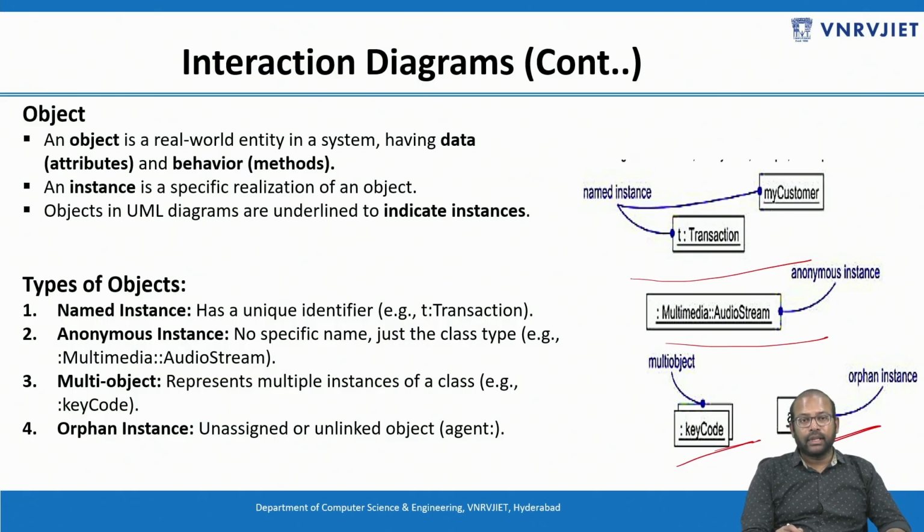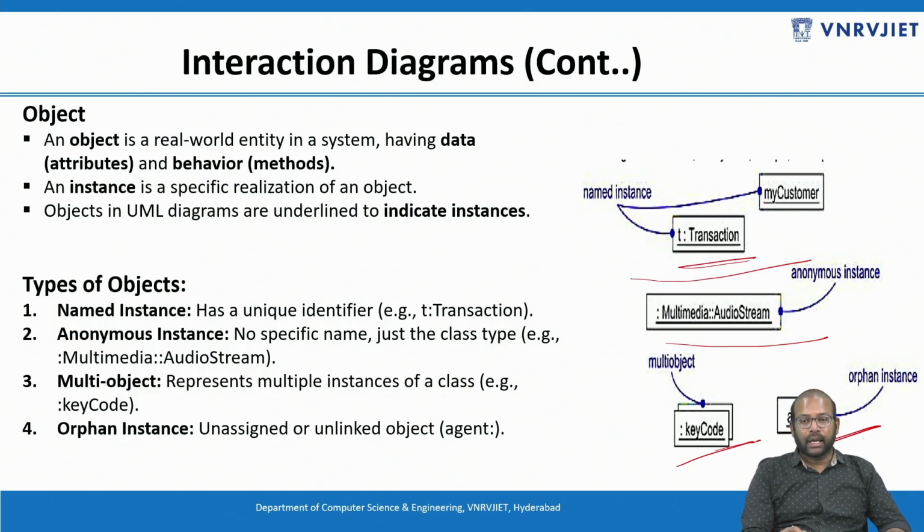You know that an object is a real-world entity. It consists of data attributes and its behavior, that means its methods. An instance is a specific realization of an object, and this is clearly indicated by an underline.